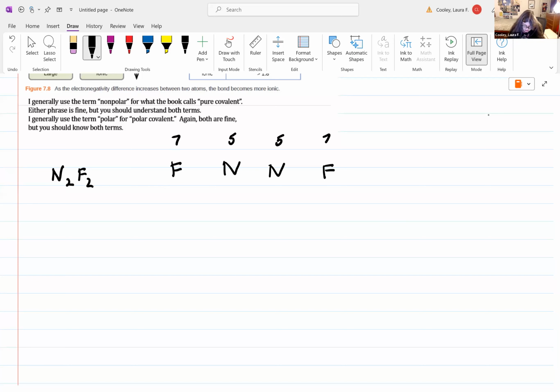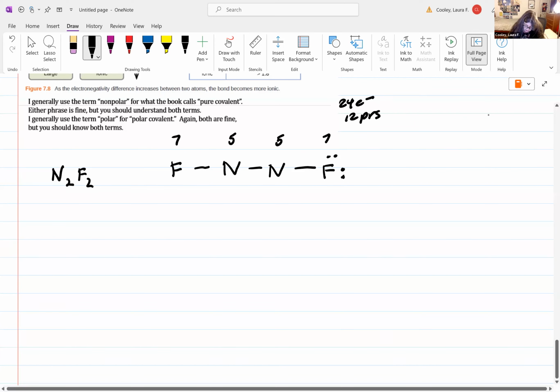So that's 7, 14 plus 10 is 24. That's 12 pairs. Okay, maybe it's 14. Yep. Okay, so you start by putting your single bonds. You use up 3 of them. So that's 3, 4, 5.